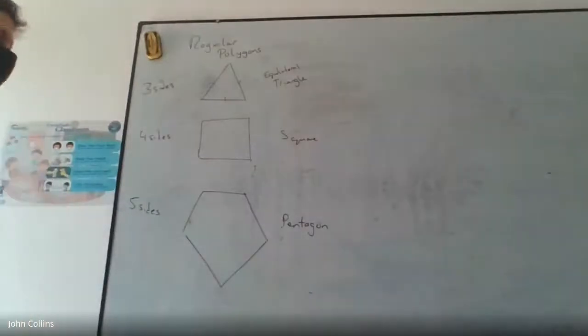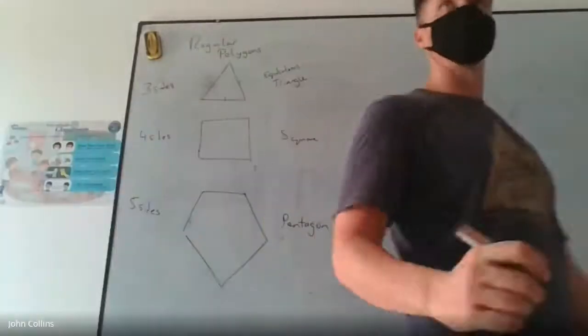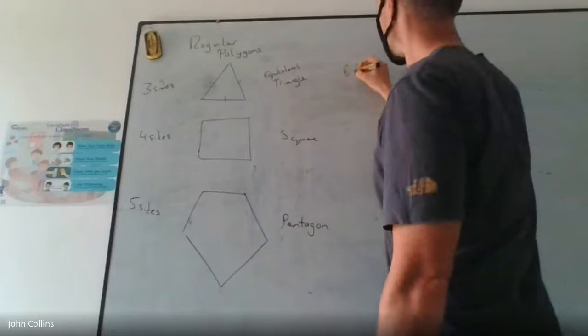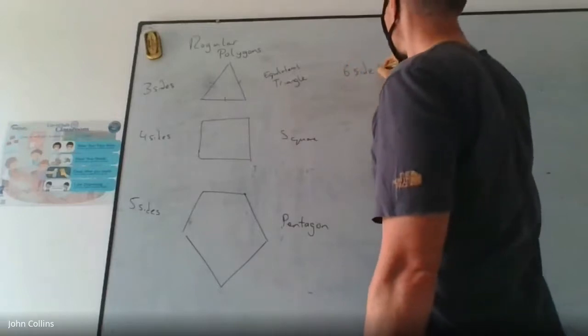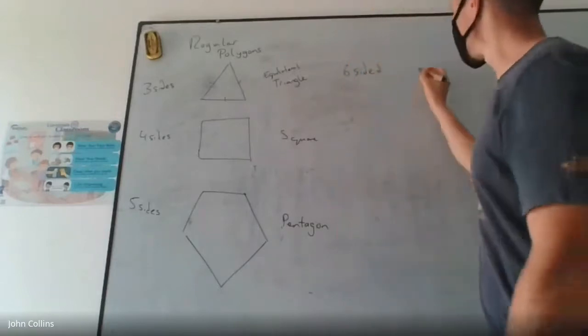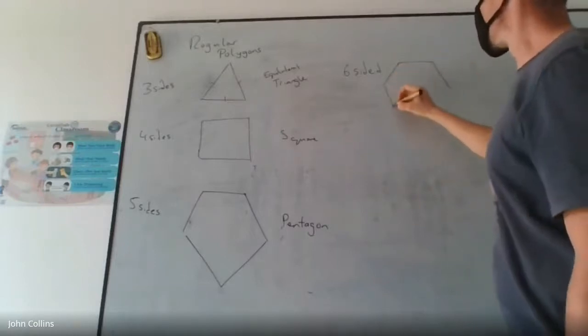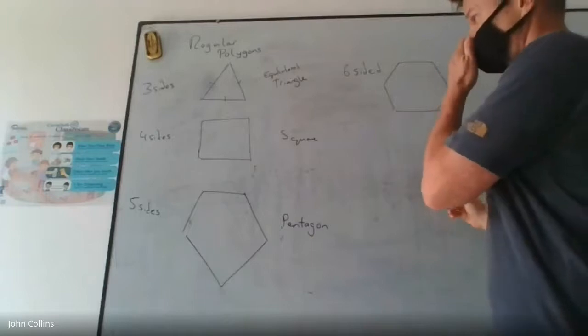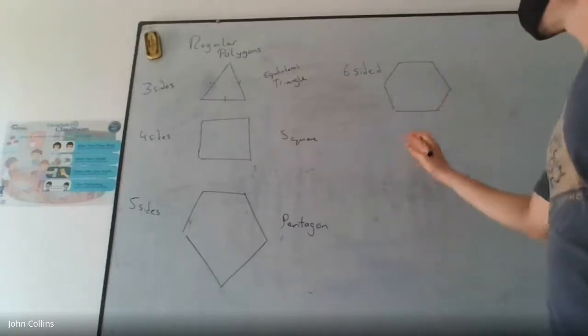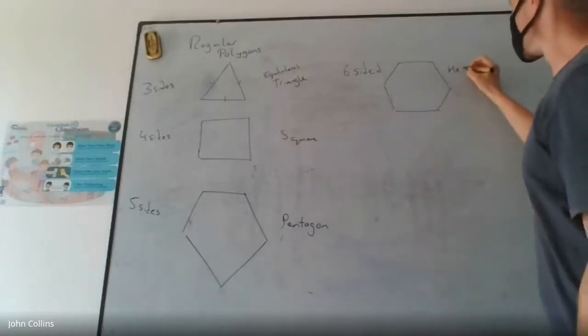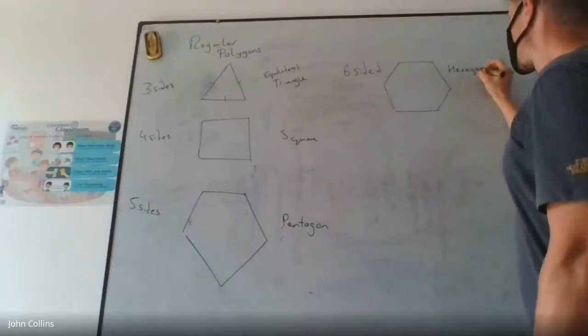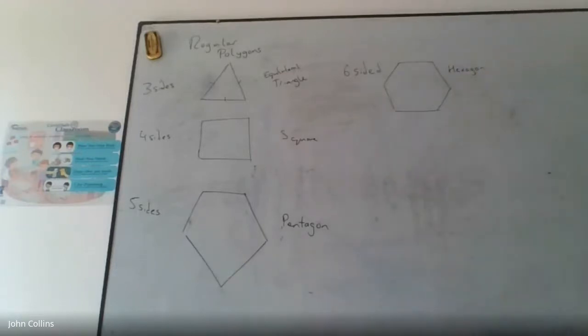Then 6 sided, that's a hexagon. Next one will be a heptagon, then octagon, nonagon, decagon.